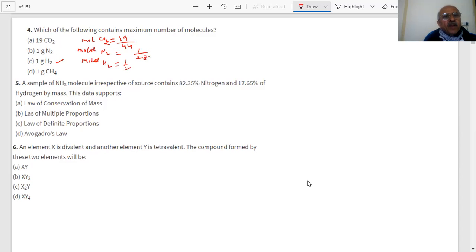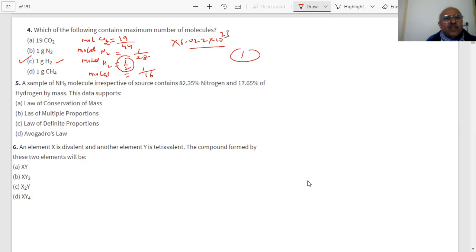If I calculate the moles, students, how much? 1 by 16. So once we calculate the moles, if I multiply with the Avogadro number, all same Avogadro number, we will get the maximum molecules. So which is the largest value? 1 by 2. If you multiply, all is the same thing. That is the correct answer.